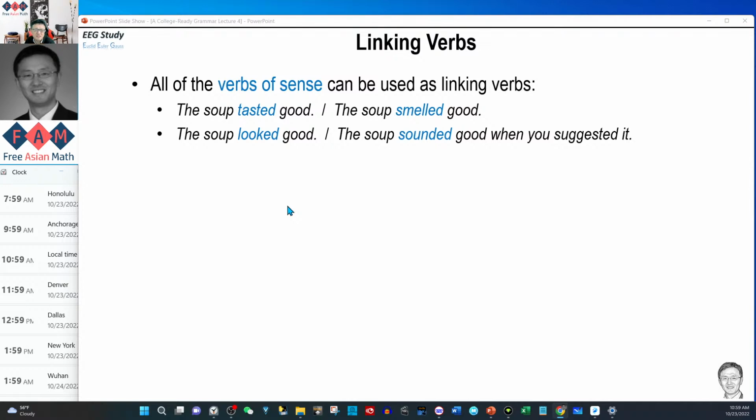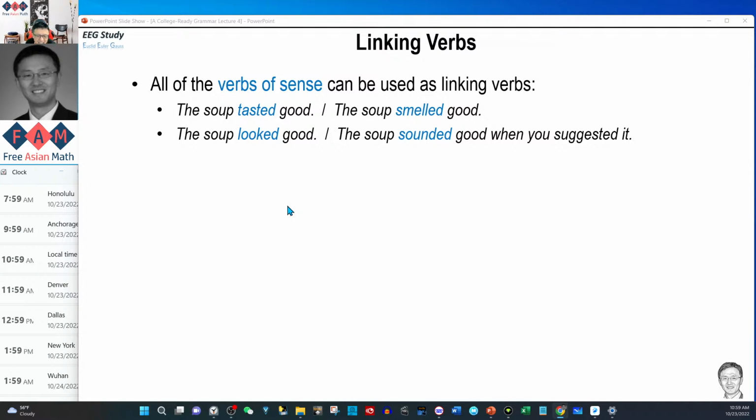Or if you already provided this context earlier in the same paragraph, we can simply say, the soup sounded good. Yeah, you suggested we go to a restaurant to have a particular soup from the menu. Yeah, you suggested, the soup sounded good. So sound here is also a linking verb.